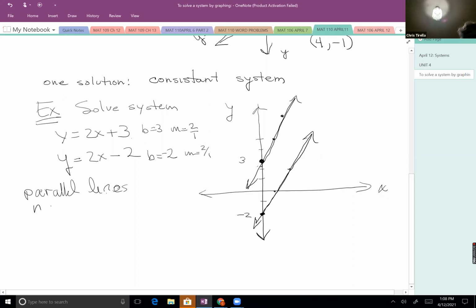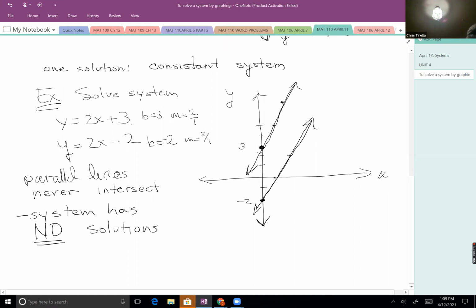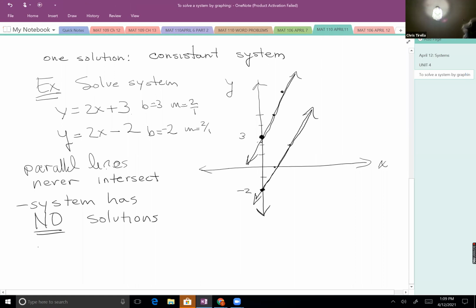They never intersect. So the system has no solutions. Because it has no solutions, it's considered an inconsistent system.